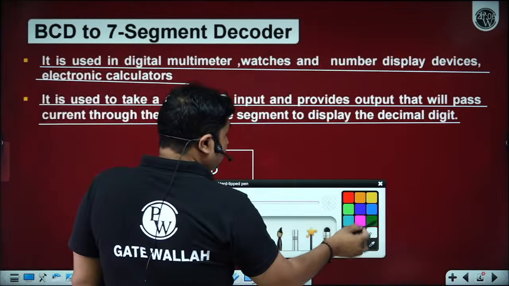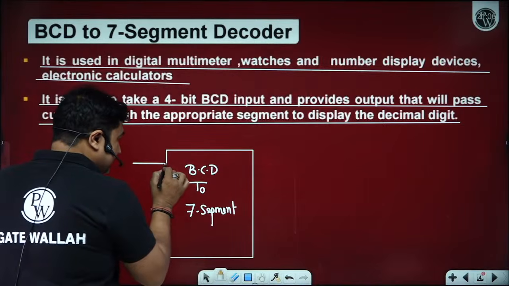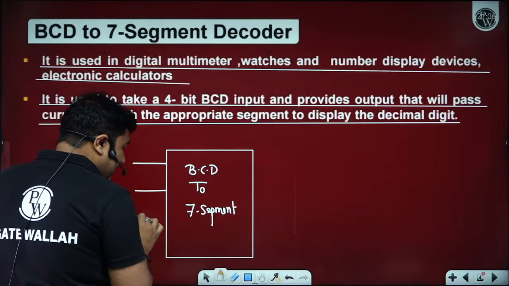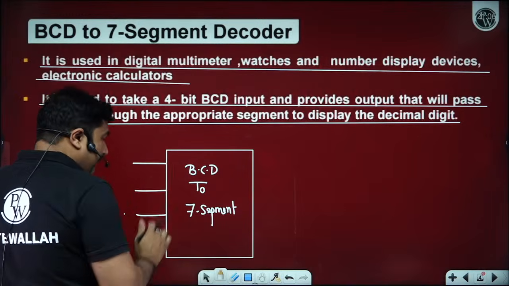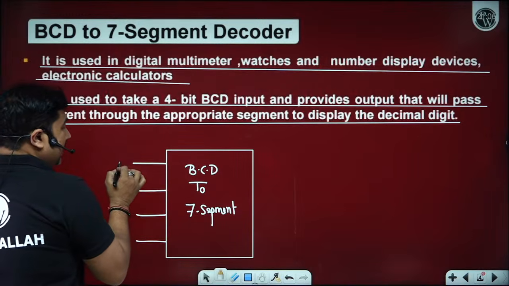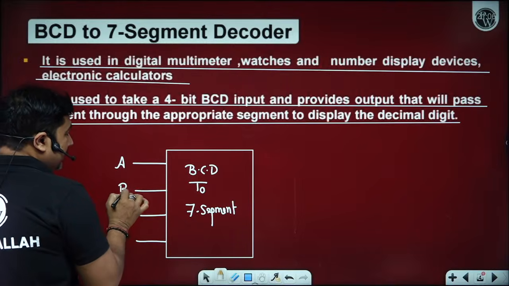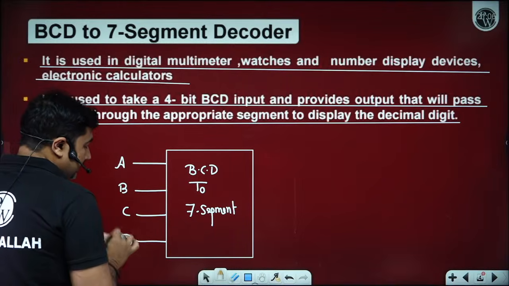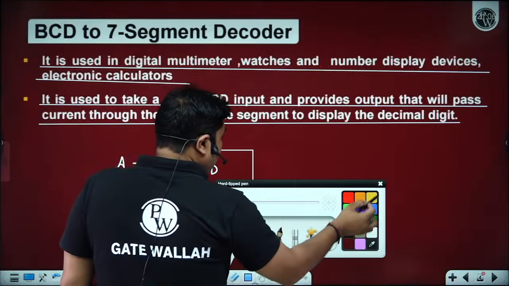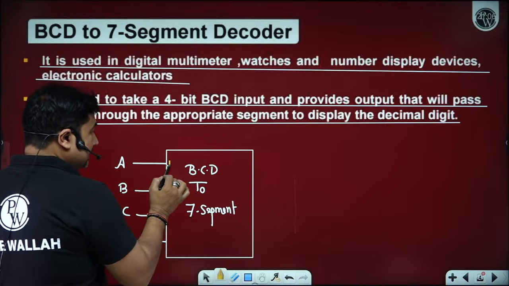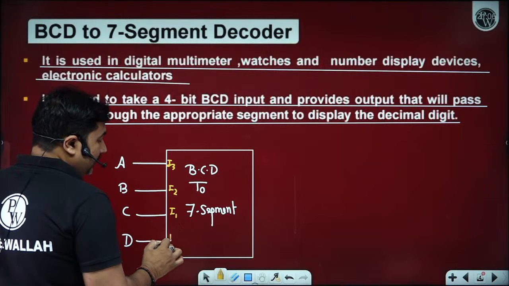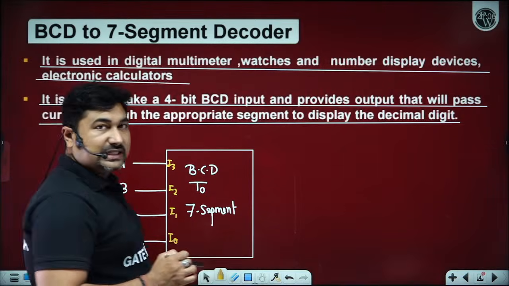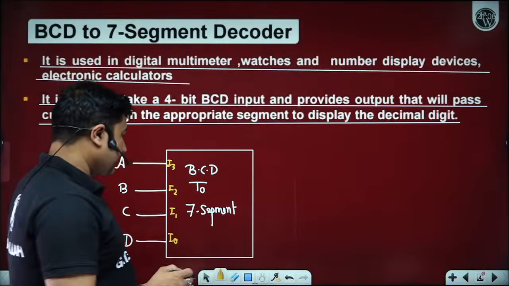So for 4-bit BCD, we need 4 input pins that I am describing as A, B, C, D. Capital A, B, C, D as I3, I2, I1, I0 pins onto the BCD to 7 segment decoder.